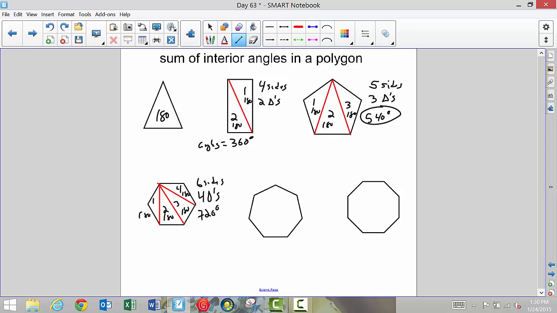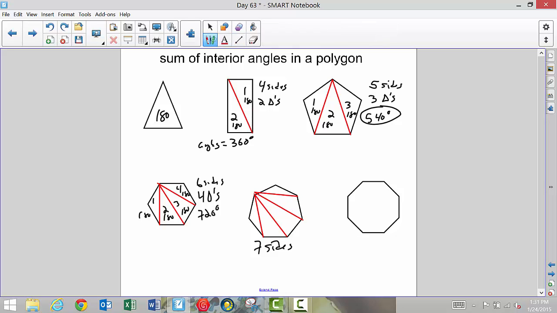You should see the pattern here, that if I now go to 7 sides, so here there are 7 sides, and I find out how many triangles I can form by connecting my non-consecutive vertices, you should see that with 7 sides I have 1, 2, 3, 4, 5 triangles.